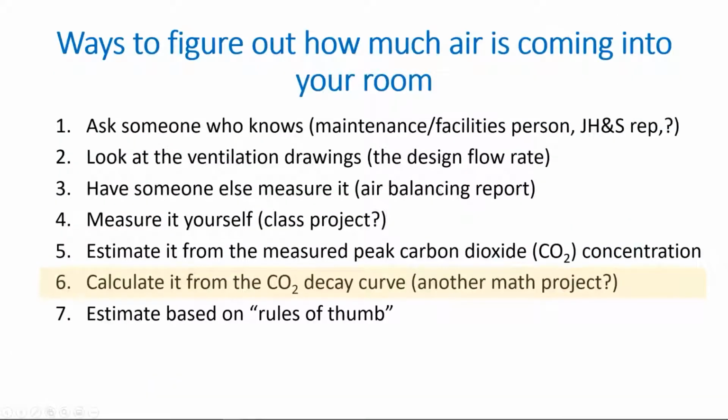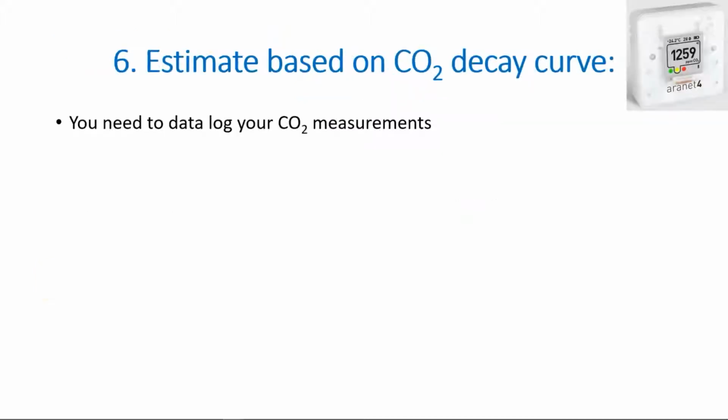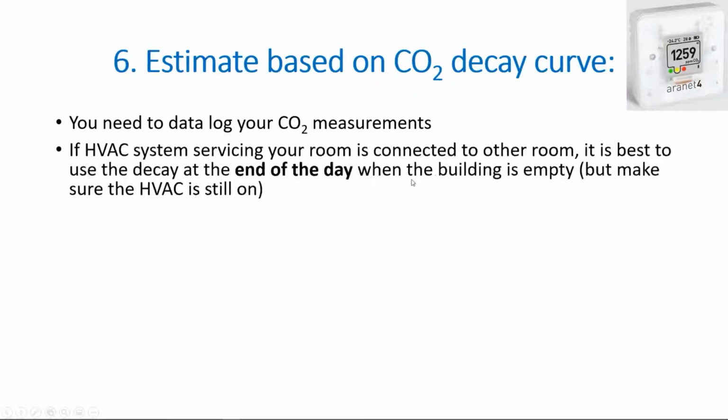So another way, which is a bigger math project, probably for high school math, is to calculate it from the decay of the carbon dioxide measurements. So you have to have a meter that data logs, that stores the measurements over time.